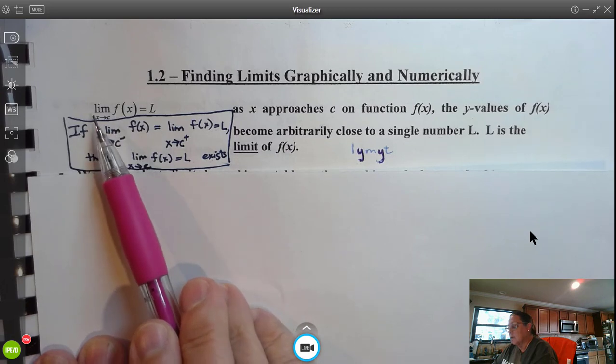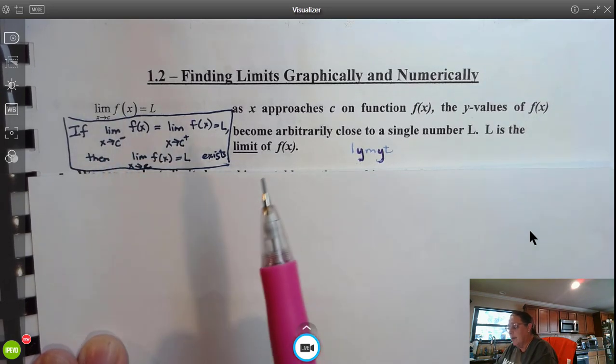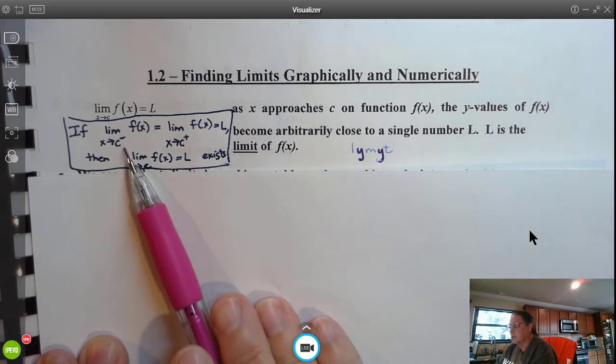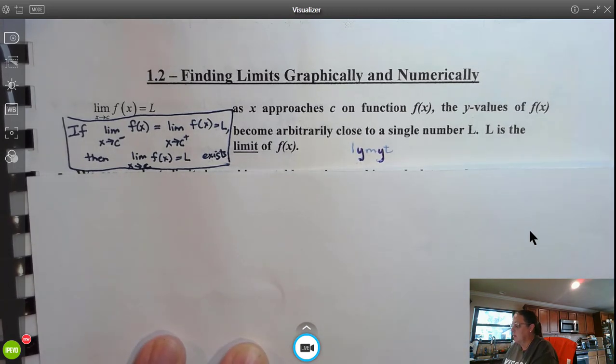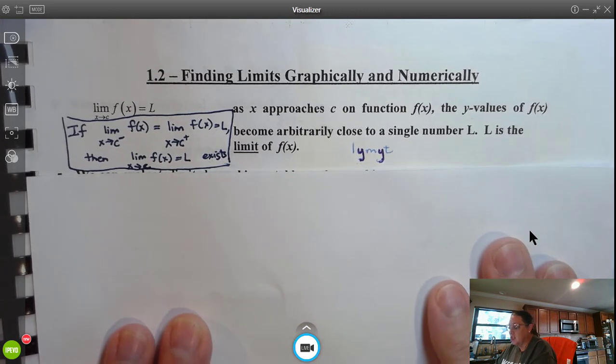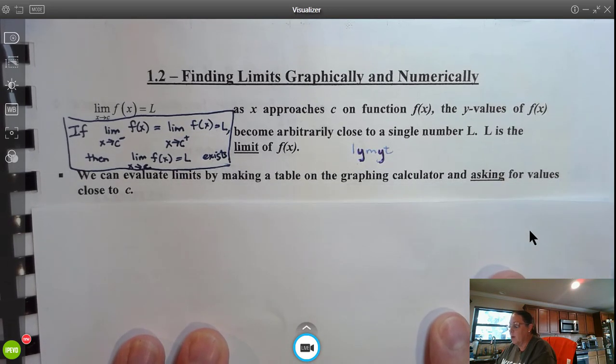When we say the limit as x approaches c of f of x is L, we mean from both sides of c. So both conditions have to be met, and that is going to be a very important topic as we move along. Now we can evaluate limits by making a table on the graphing calculator and asking for values close to c.